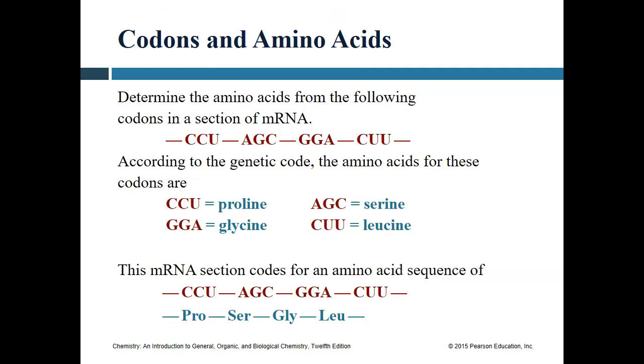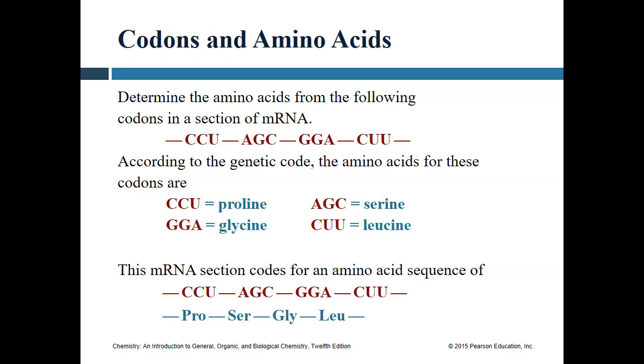And so what this allows to happen inside of your cells is now that your messenger RNA is out in the open, your transfer RNA is able to take that code and bring in the correct amino acids in the correct order.